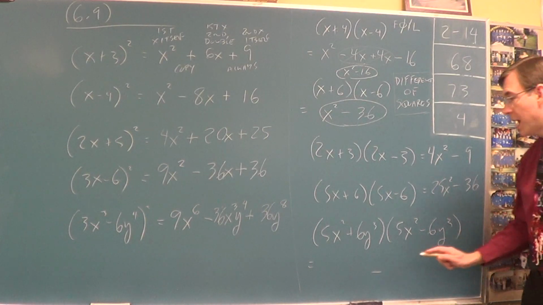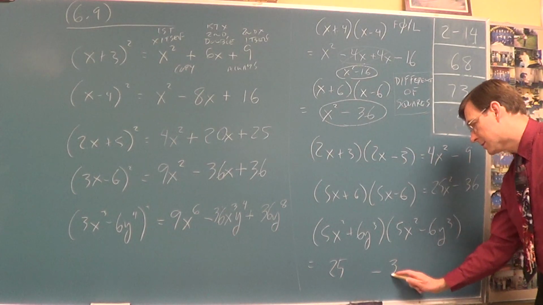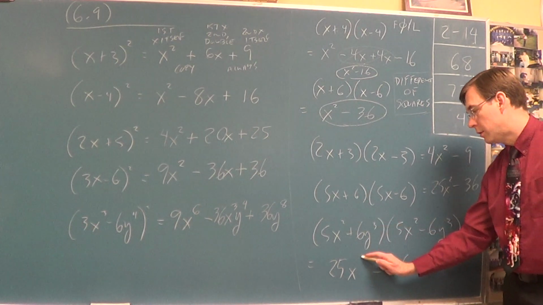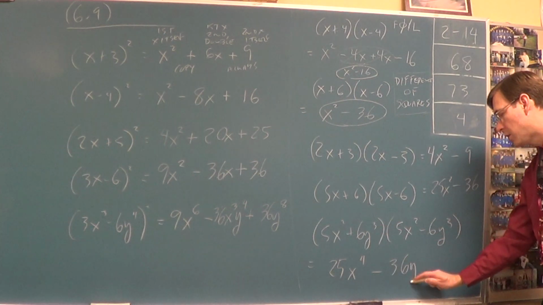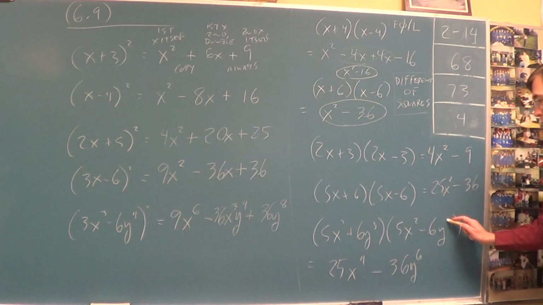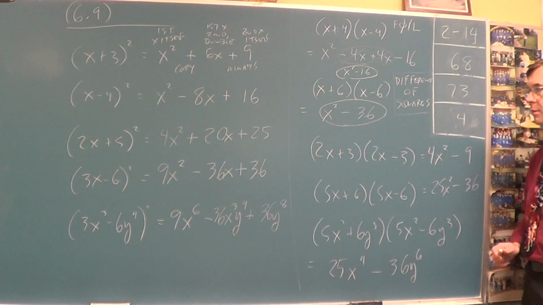And if I go with some higher power stuff, 5's still make 25's, and 6's still make 36's. But the x squared grows to a 4, and the y cubed grows to a 6. Because when we multiply, we do what to the powers? We add them together. We've been doing that all chapter.